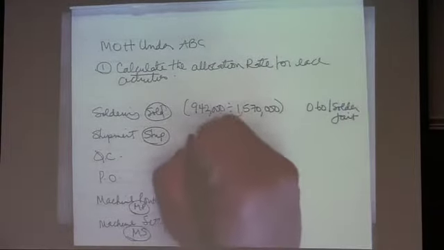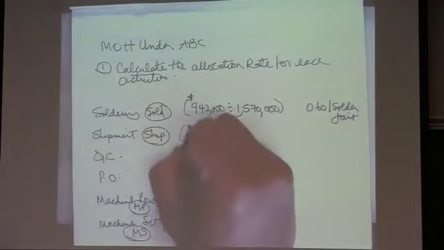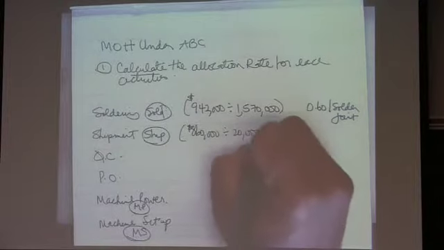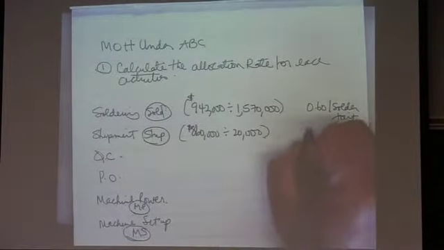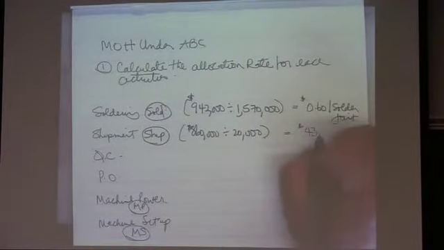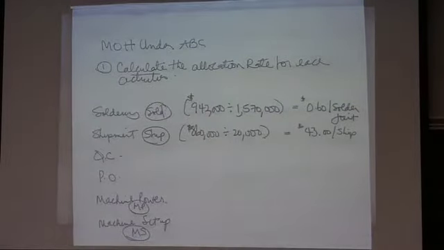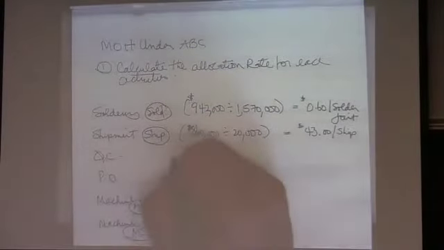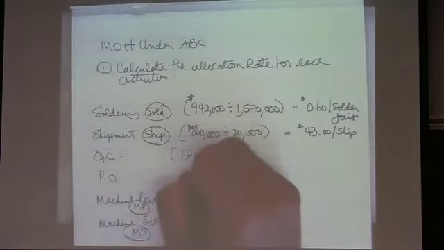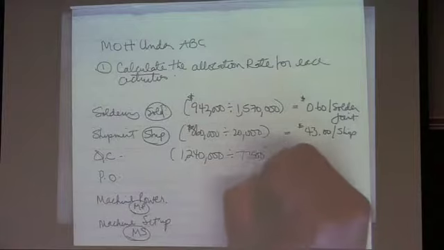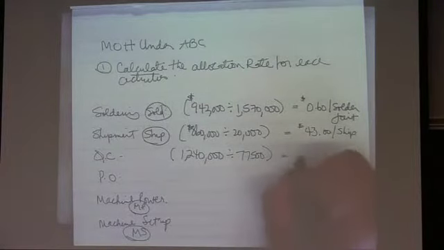Next, take 860 divided by 20,000 shipments, gives me $43 per shipment. Quality control, I got 1,240,000 divided by 77,500 units inspected, gives me $16 per inspection.